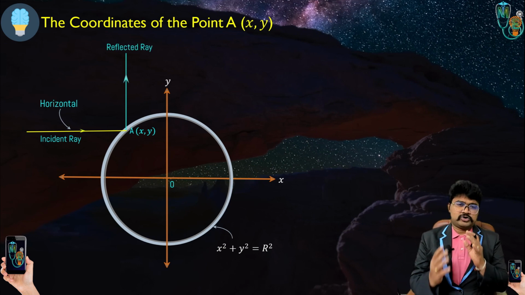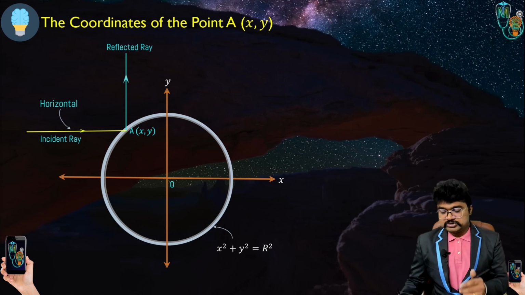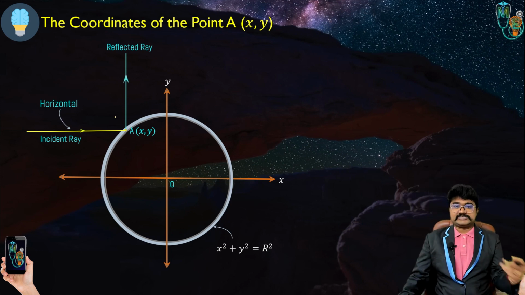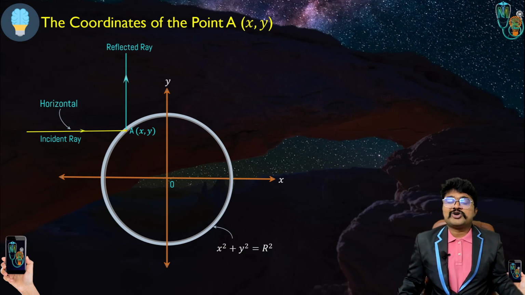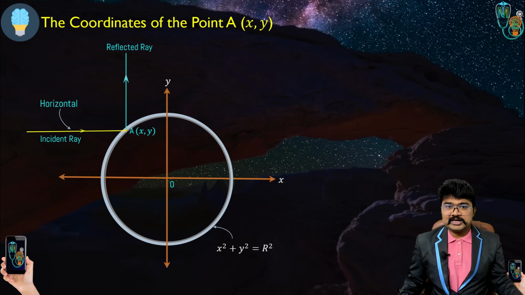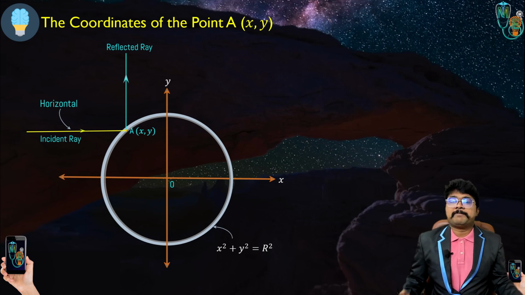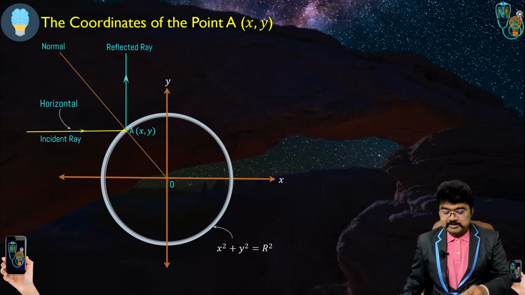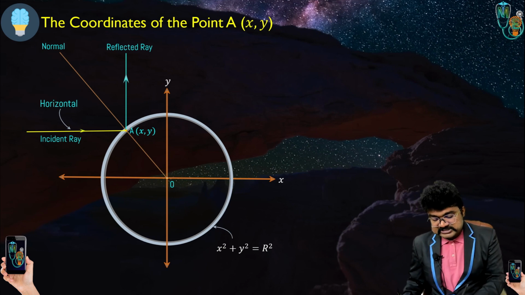Now we need to draw the normal at this particular point on the surface. If you draw the normal at any point on the circle, the normal passes through the center of the circle.